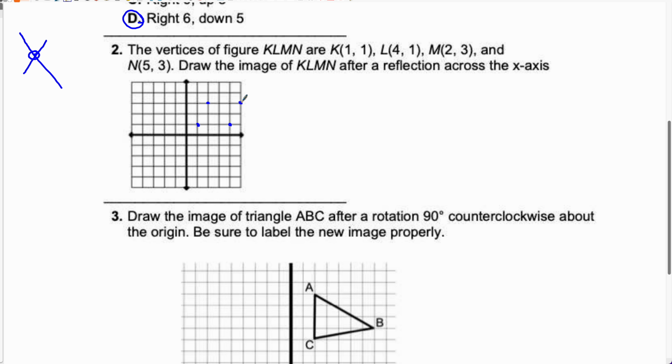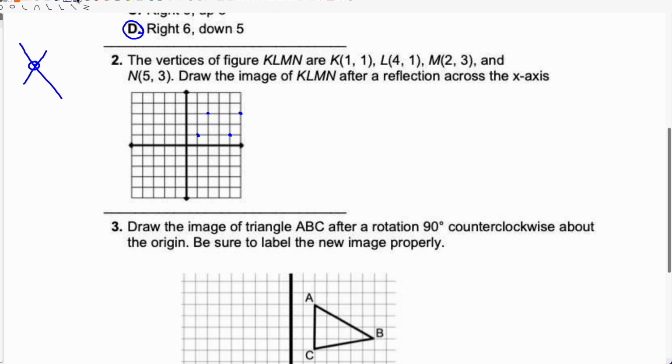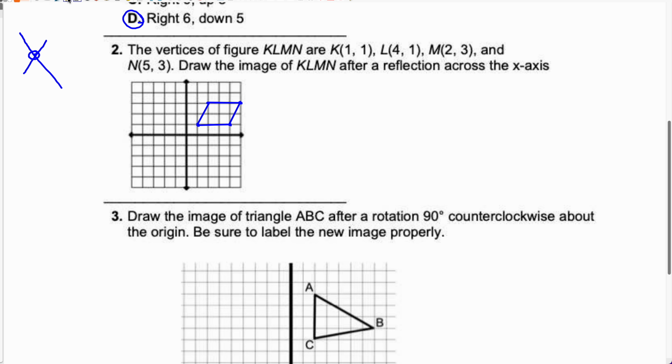And it would be really good if we label those and use a straight edge and all this good stuff. So I've got a straight line tool I can do this with, and you've got rulers you can draw with. So if we do that and we label our points, it was K and then L and then M, and then N, right?